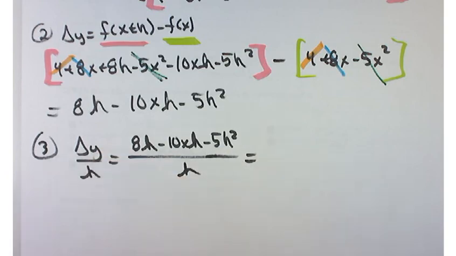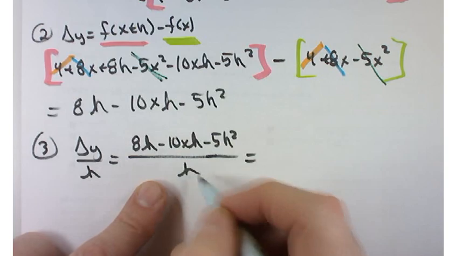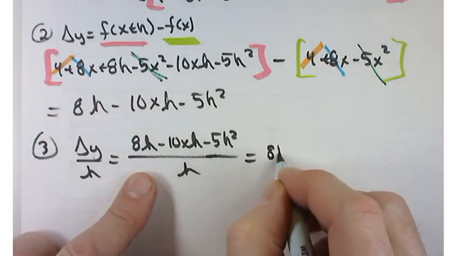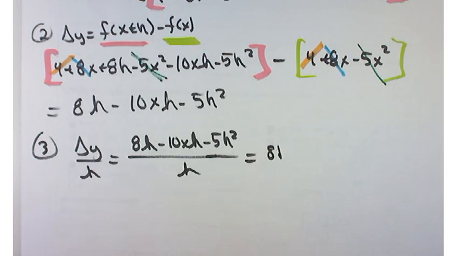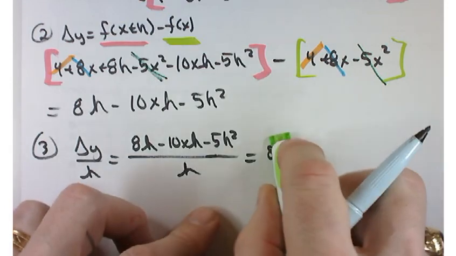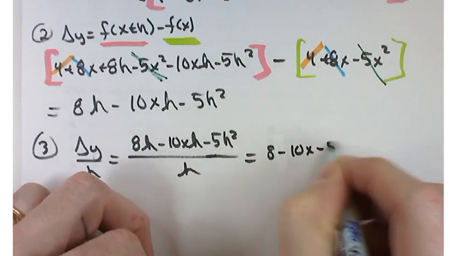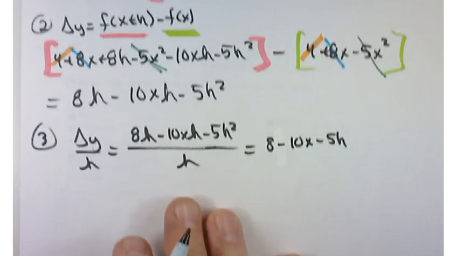But I'm assuming that you know that you can't just cancel it in one of these. You got to divide it out of all of these. I'm just left with 8 minus 10x minus 5h. Like that.